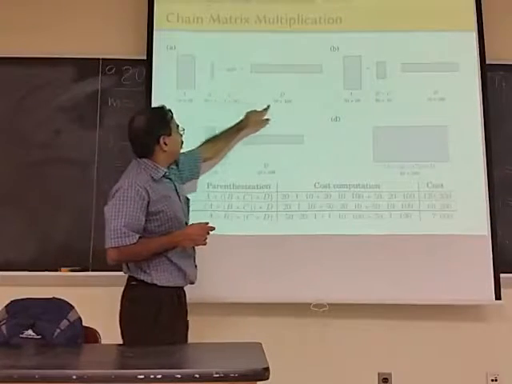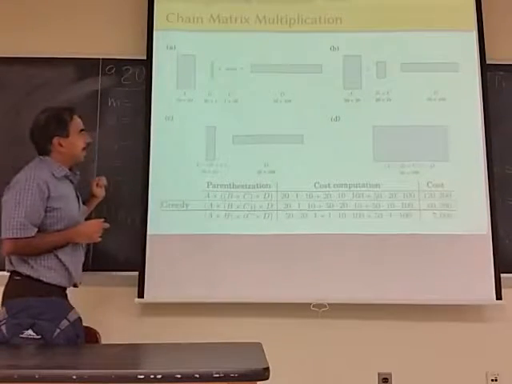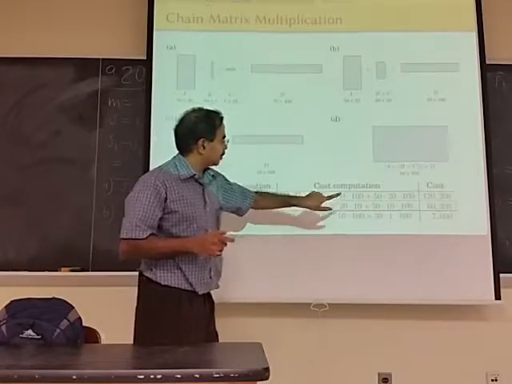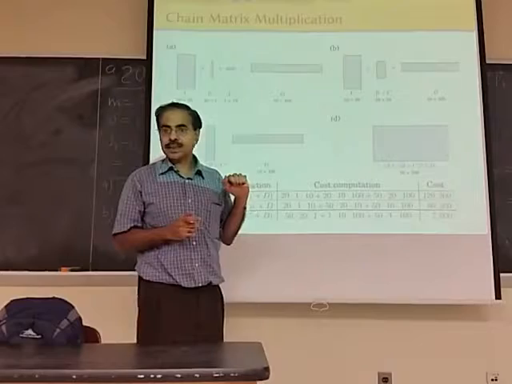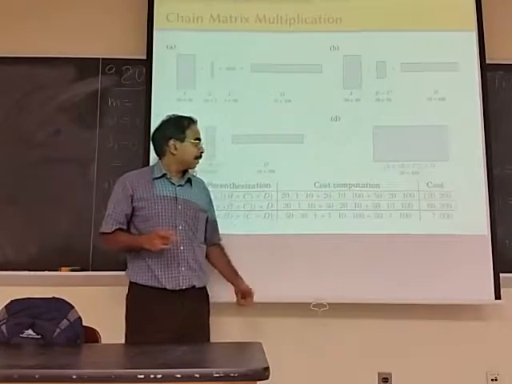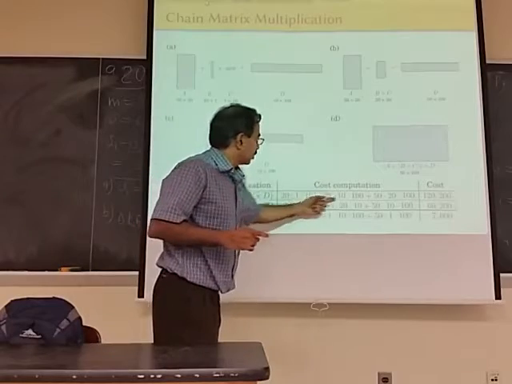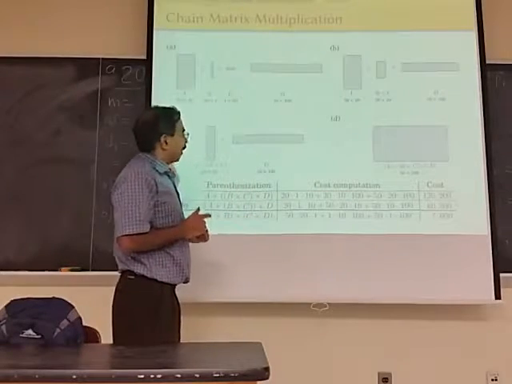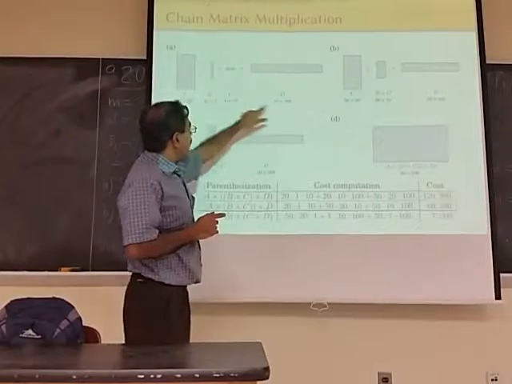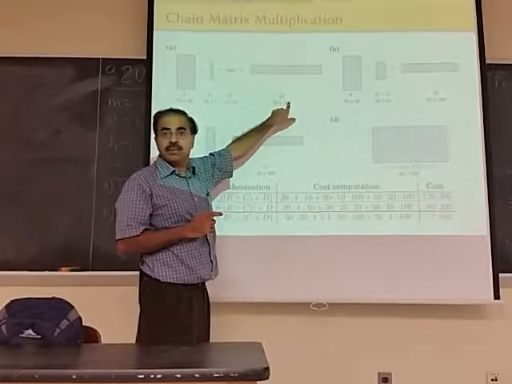Now the 20 by 10 matrix has to be multiplied by a 10 by 100 matrix. So that gives you 20 times 10 times 100 cost. And this is where things quickly add up. So this is 20,000 operations, and finally you are left with a matrix which is 20 rows by 100 columns, right?